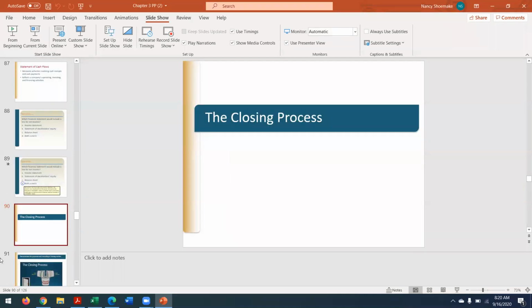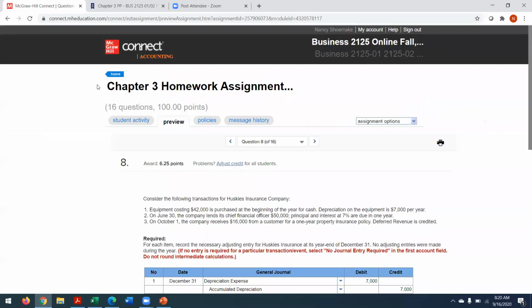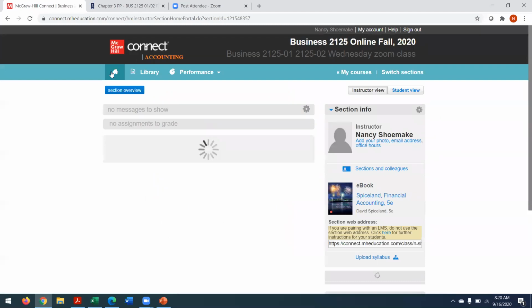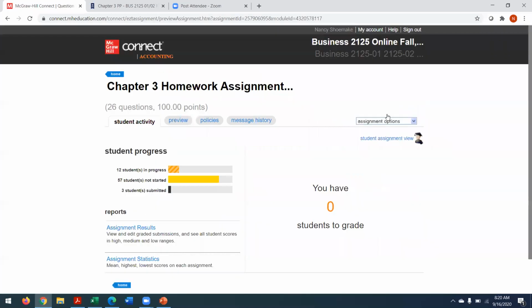What we're going to do now is take some time and look at preparing some financial statements based on the homework.